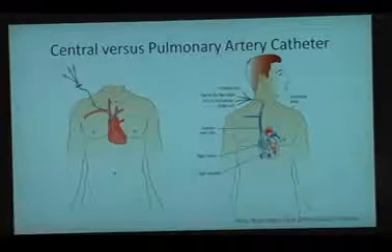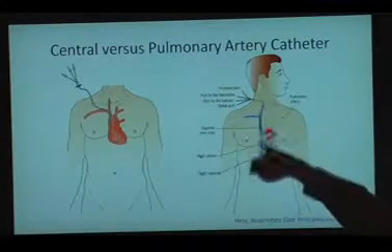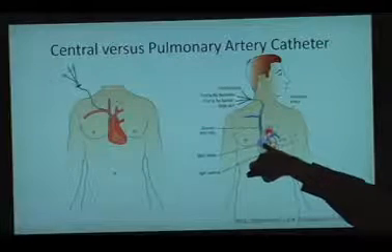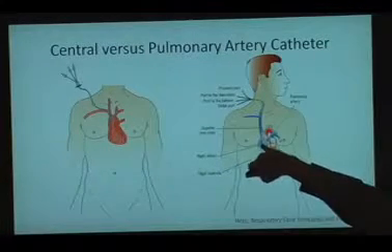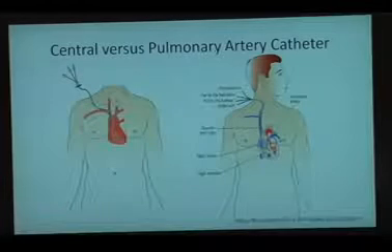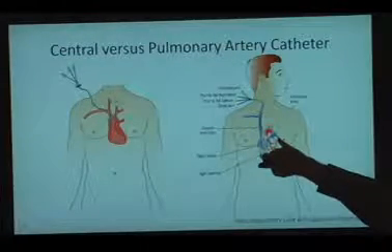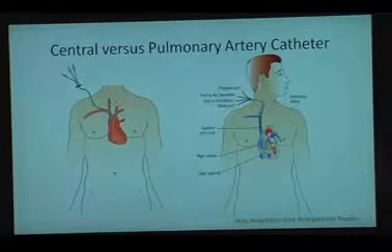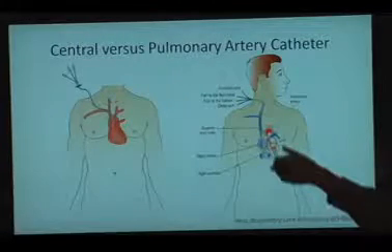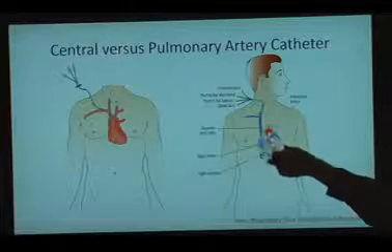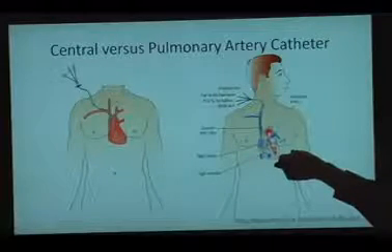Whereas with the catheter passed all the way into the pulmonary artery, one can measure with a port in the right atrium, the right atrial pressure. One can measure with the distal lumen of the catheter, the pulmonary artery pressure.